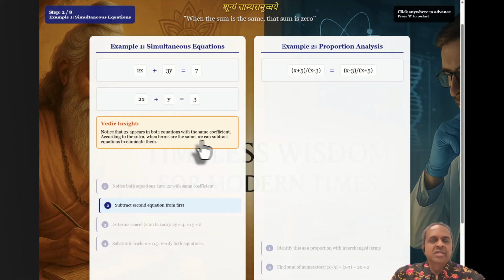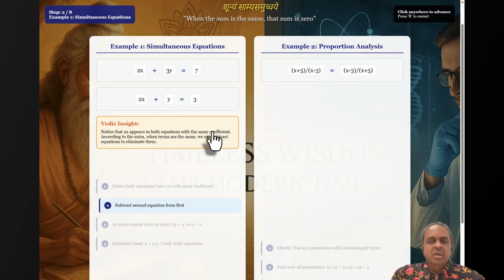According to the sutra, when terms are the same, we can subtract equations to eliminate them. That's the key here. As 2x appears in both equations with the same coefficient, we subtract to eliminate it.